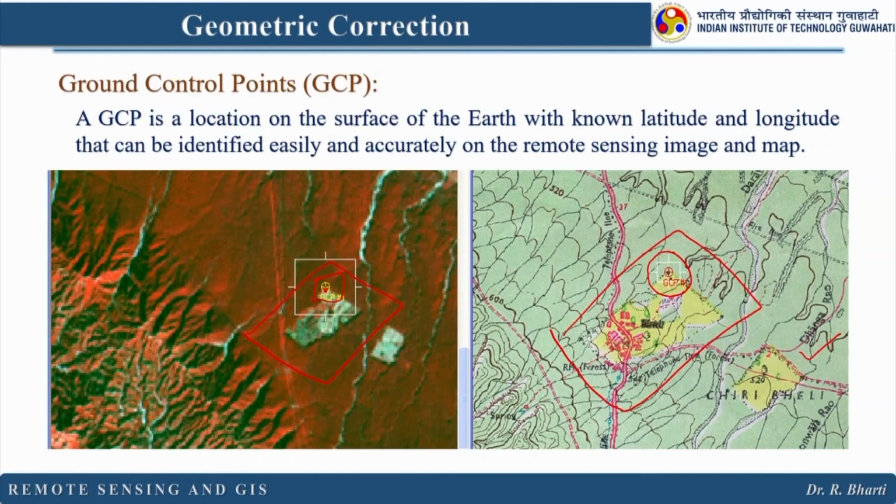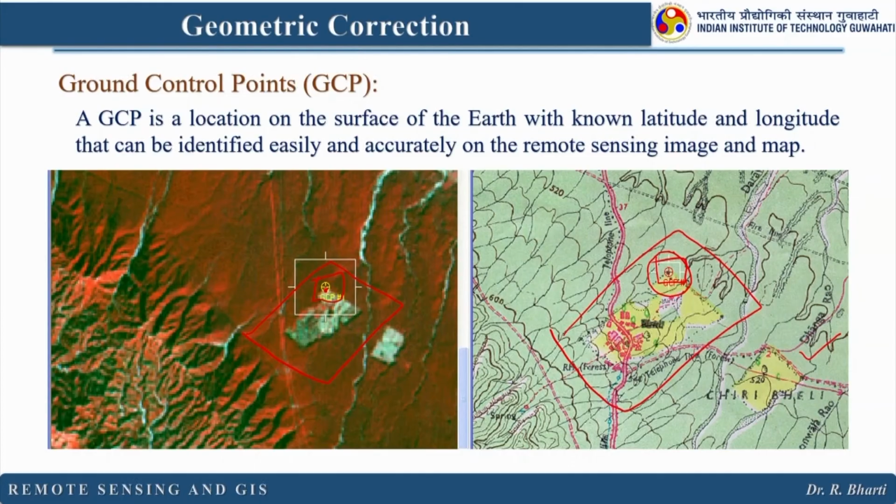So what you need to do? You need to correct this with respect to ground measured values or from a map, right? When you correlate these two values, and if you are able to identify a relationship at which rate this particular error is occurring in this image, you can easily correct that.